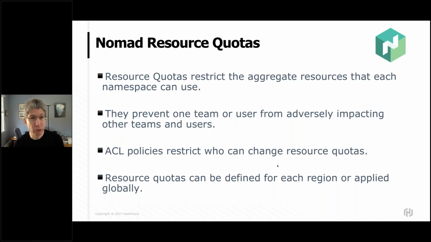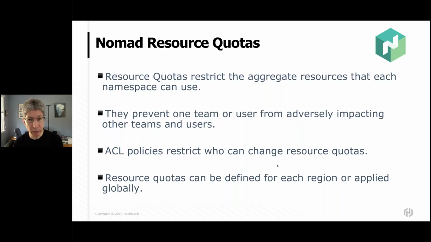Then we move on to resource quotas. Resource quotas is another important feature that helps ensure that different teams are not stepping on each other, because having namespaces is great, but if one team with a namespace is allowed to use as many resources as they want, then they could exhaust the resources of the cluster.